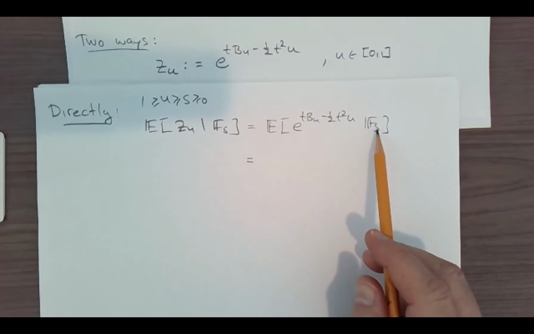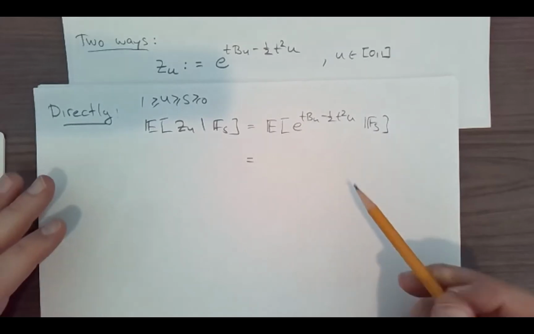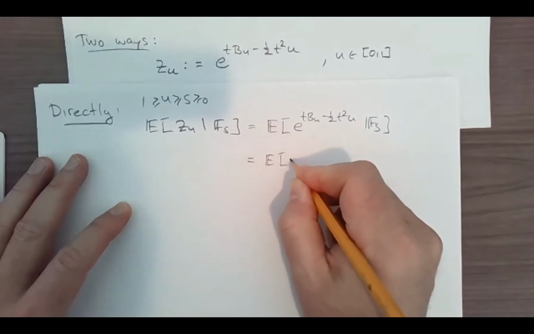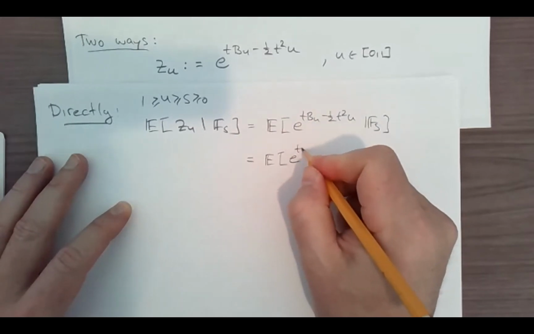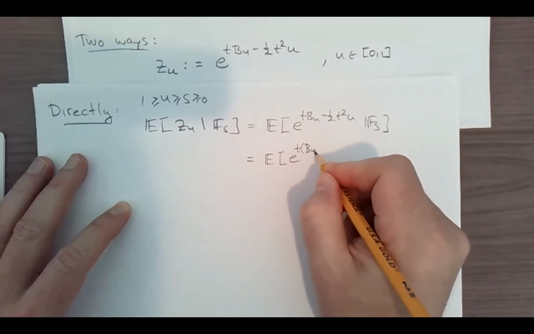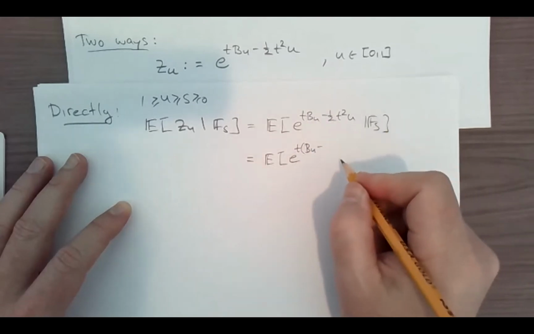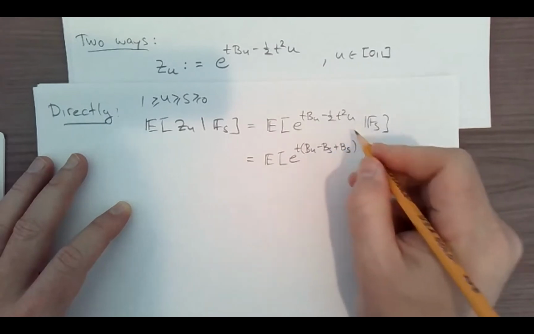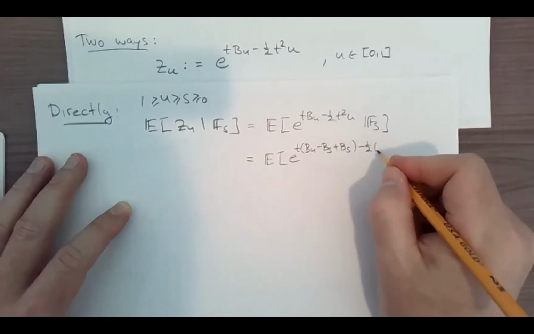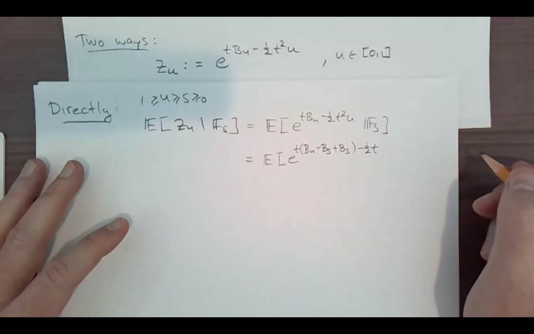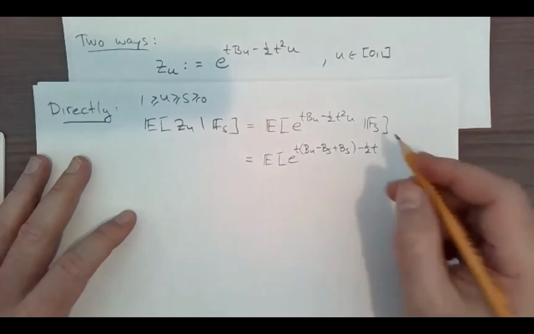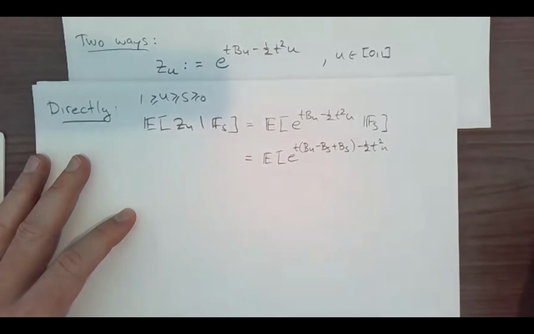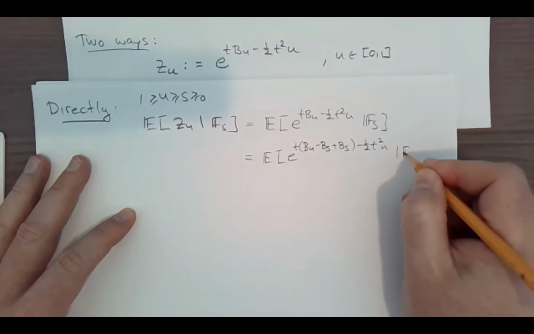B_u is not going to be independent of F_s, but I know Brownian motion has independent increments. So what I could do is I could take the t, and then I could write B_u here, and then I could subtract away B_s, because then I want to get the increment, and then plus B_s, and then minus a half t squared u given F_s.